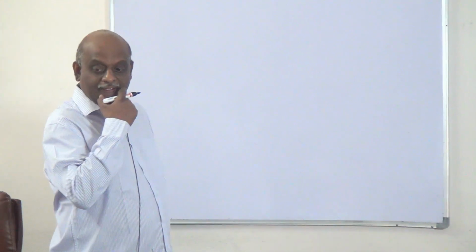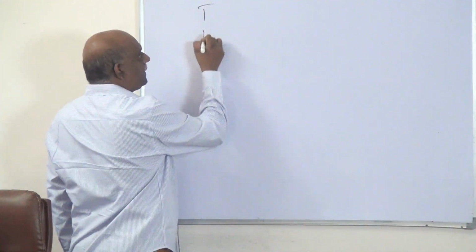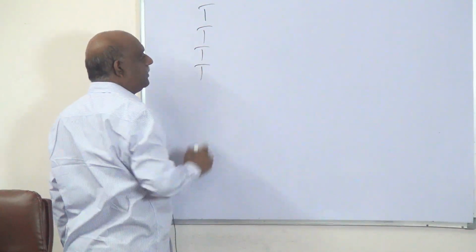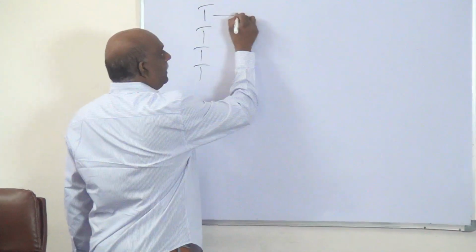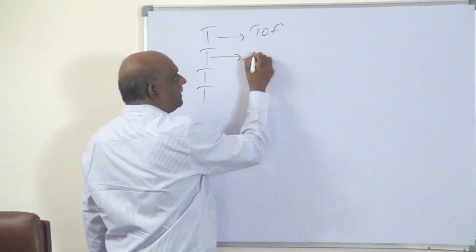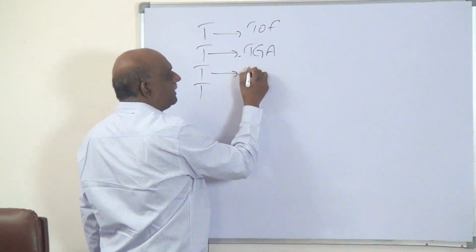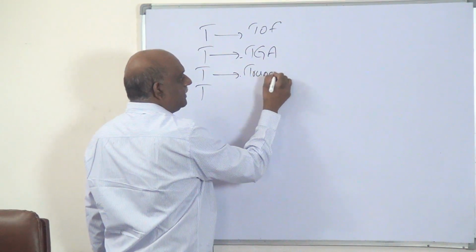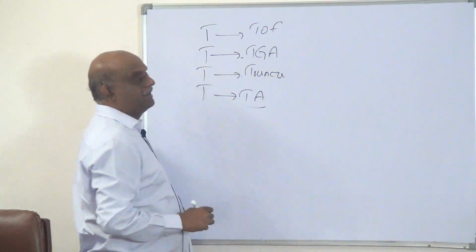Yeah. So you should remember 4 T's in relation to cyanotic heart disease. T for tetralogy of Fallot, T for transposition of the great arteries, T for truncus and T for tricuspid atresia.